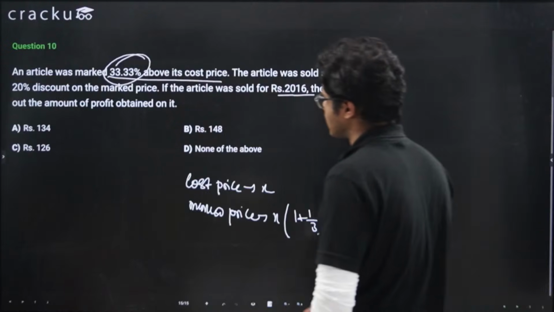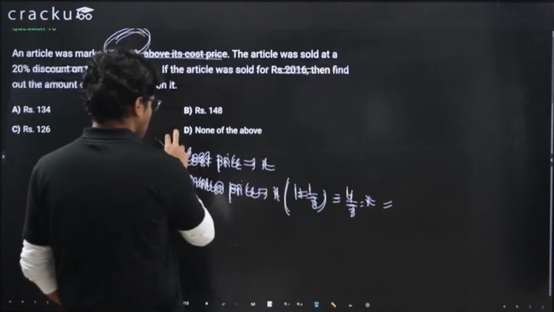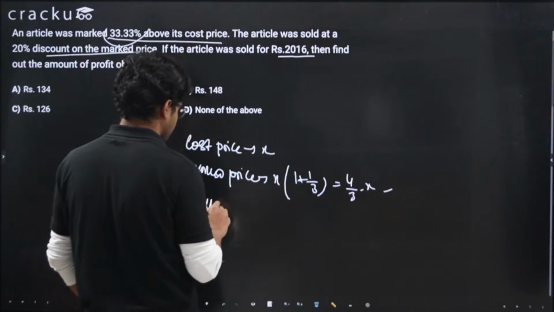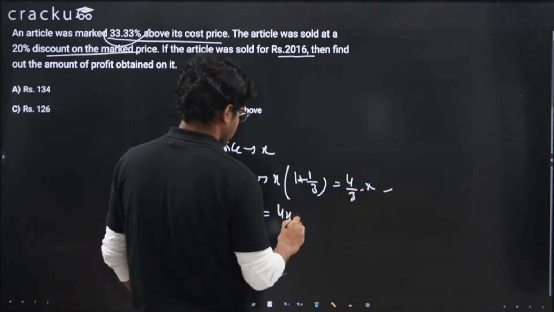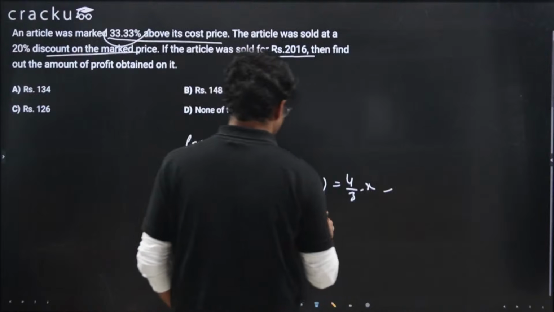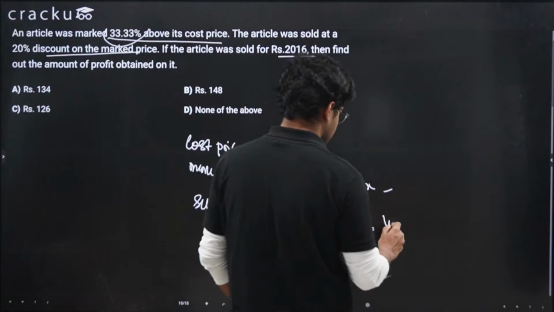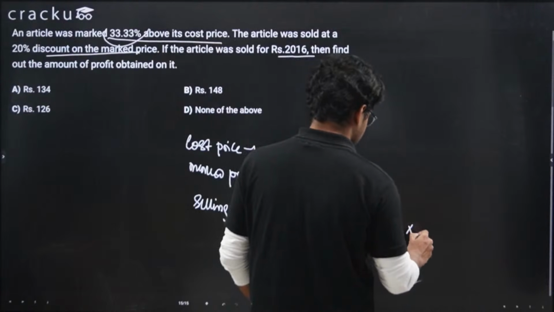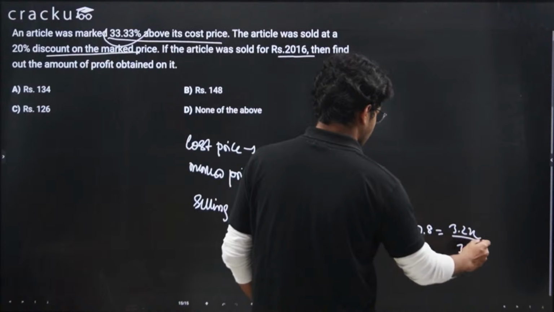Now it was sold at 20% discount on the mark price, which means the selling price is 4x by 3 into 1 minus 20 by 100, which is 3.2x by 3.